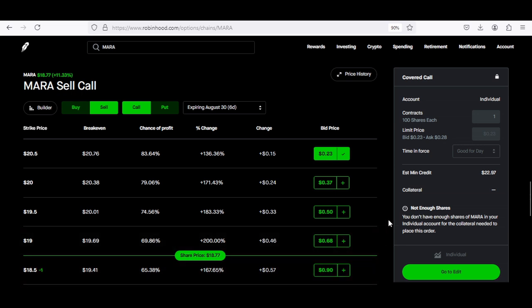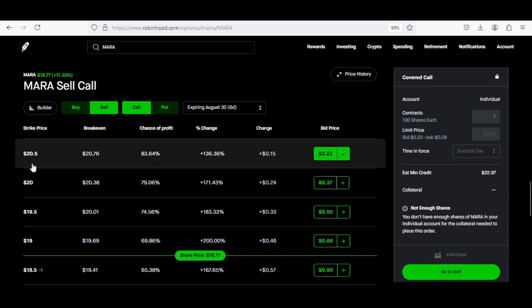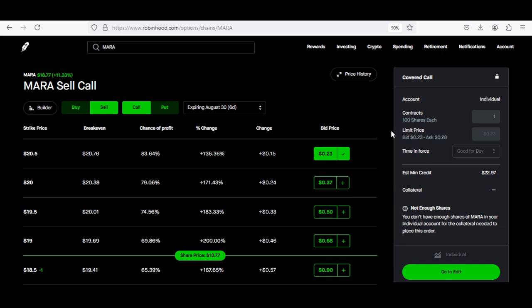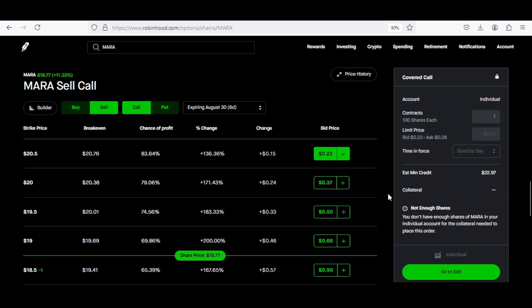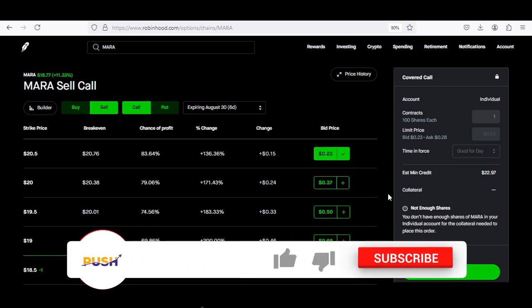But come expiration date, you get assigned on your shares, and now you're forced to sell your 100 shares at 20.5. Your portfolio is not only going to be up with the premium you received, it's also going to be up the difference between the two, which is an additional $150. So that is one of the hidden benefits of doing the covered call strategy.